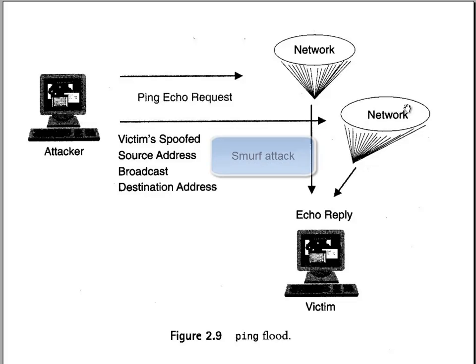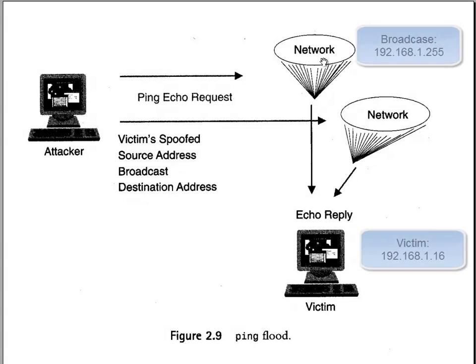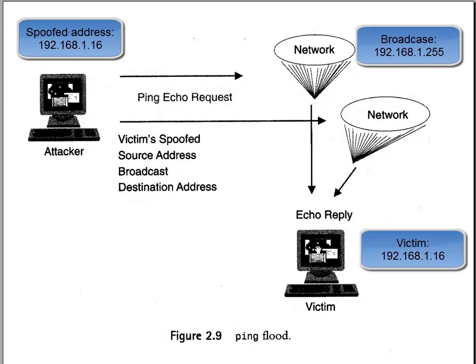Another type of protection afforded by the NetFilter firewall is against a ping flood, and this is called a smurf attack. Here we have the attacker and we have the victim. The attacker sends a ping echo request to the broadcast address of the network on which this victim resides.